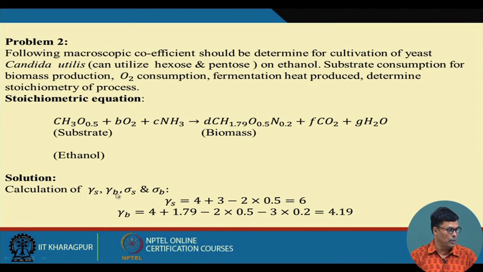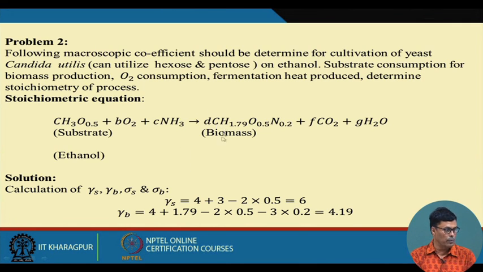We can easily calculate the degree of reduction of substrate and of biomass. For the substrate, how can you calculate it? C is 4, H is 3, and O is 2 into 0.5. This comes to about 6.